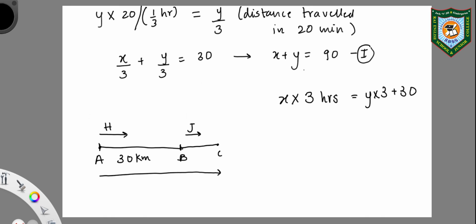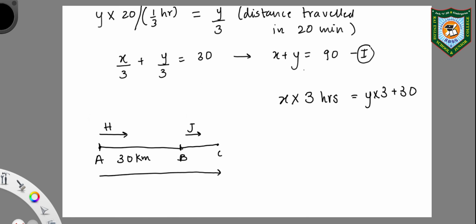That means the distance that Hamid has covered is his speed x into 3 hours, which is equal to Joseph's speed into 3 hours plus 30. Now, the reason is because Hamid traveled an extra 30 kilometers over here.